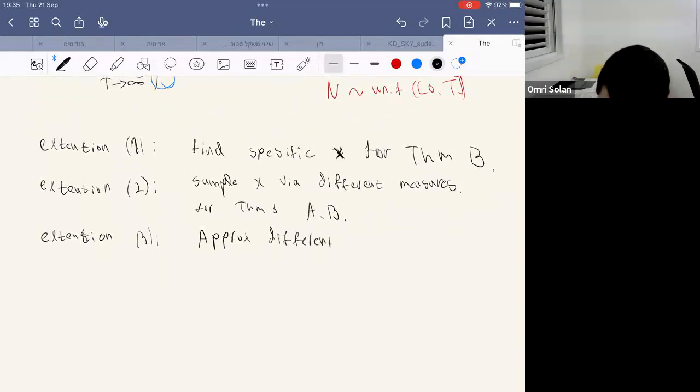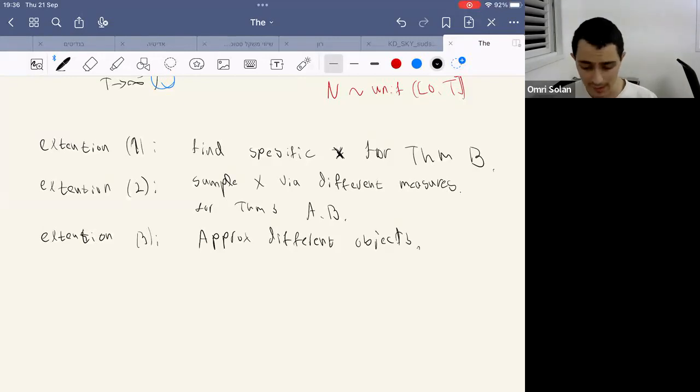We can try not to approximate numbers, but instead approximate vectors.